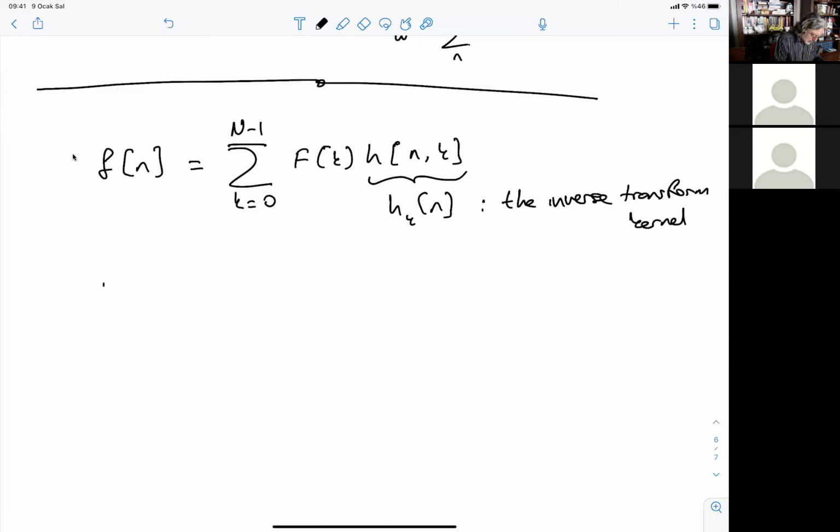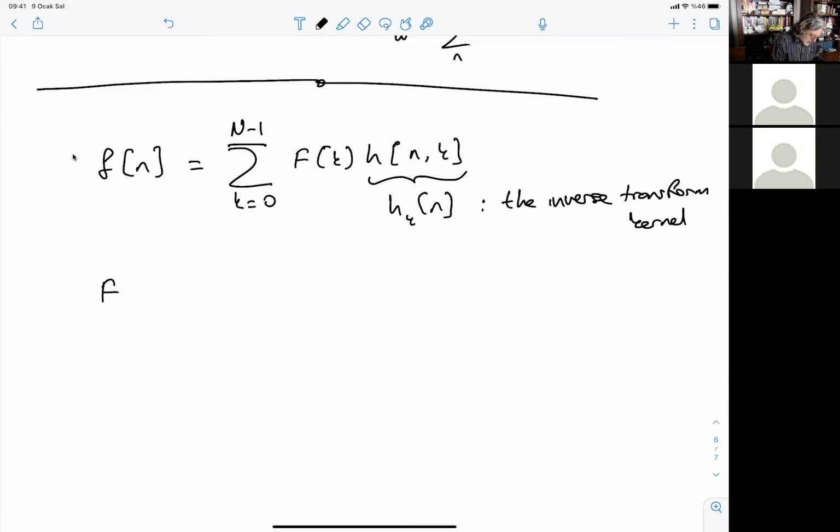We know that if these inverse transform kernels are orthogonal to one another for different k's, for different n's, then it becomes a basis, provided that they are unit norm. So if they are orthonormal, then it makes a basis.